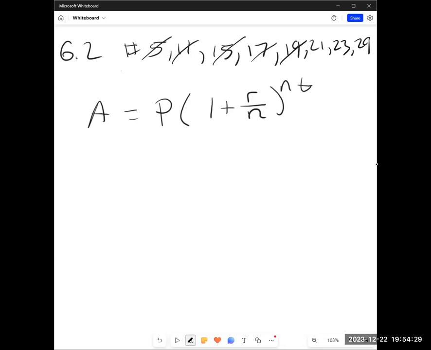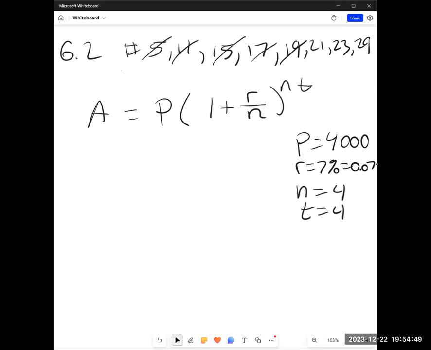So we have P is $4,000, and R is equal to 7%, which as a decimal is 0.07. N is equal to 4, meaning we're making quarterly payments. T is equal to 4, meaning this is for 4 years.